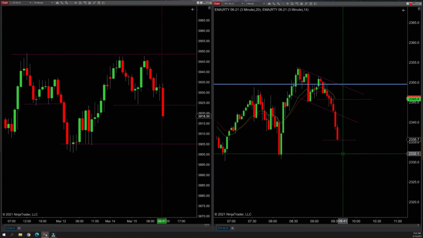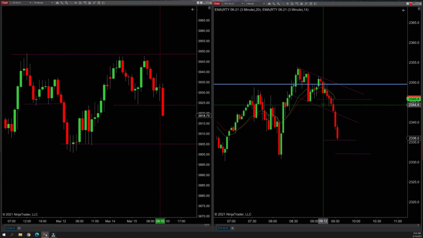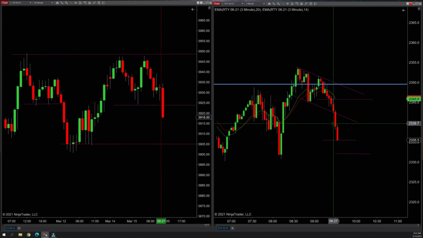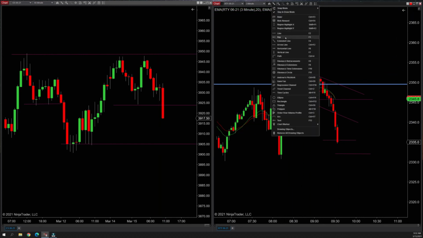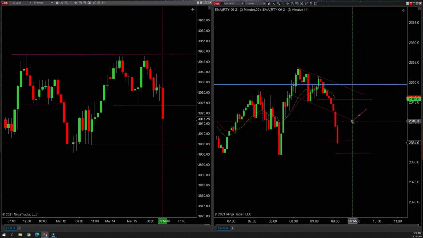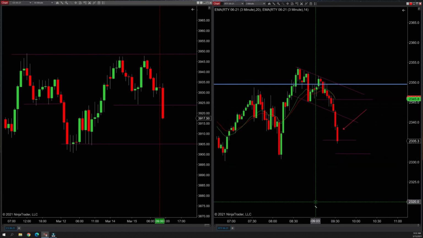Another thing I can do, this is a 3-minute chart. When this bar closes, I can do different things. You can be creative. I could set my stop loss for a tick above the high of this bar. I can say, well, if action goes above the high of this bar, I'll go ahead and get out. Or I can keep it at break even all the way up here. Let's see.